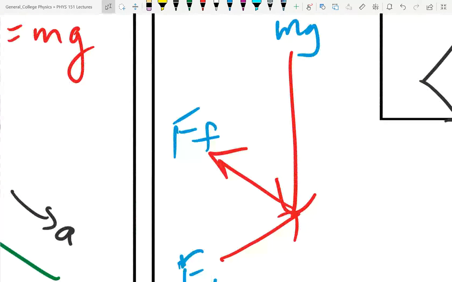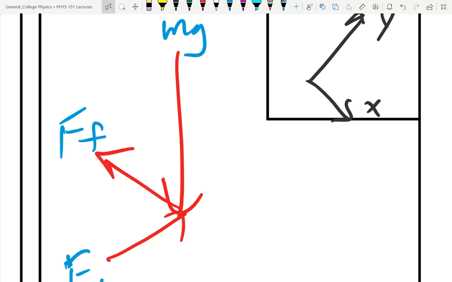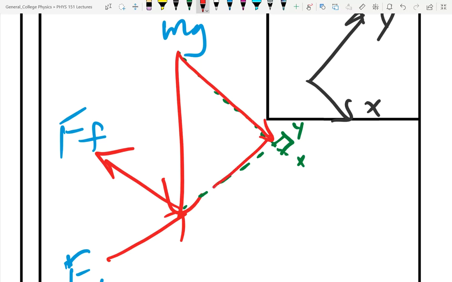Force of gravity is vertical, but my coordinate system is not vertical. So I'm going to take my dashed line. This one was parallel to the y direction, this one was parallel to the x direction. It makes a right angle here. And so my vector components go from here. And then we have to look at what angle I know.